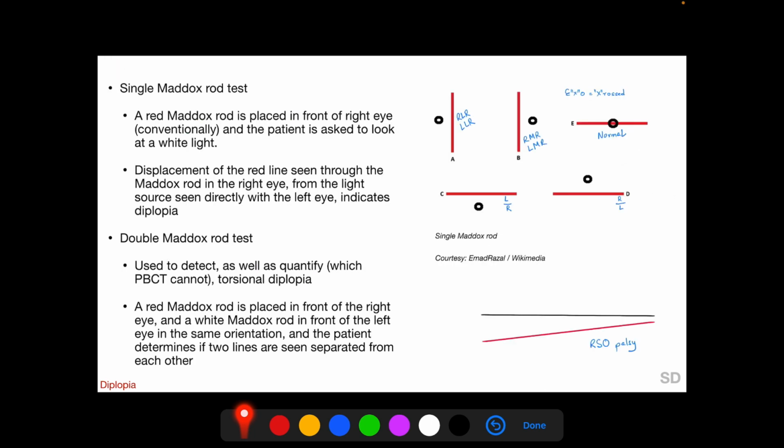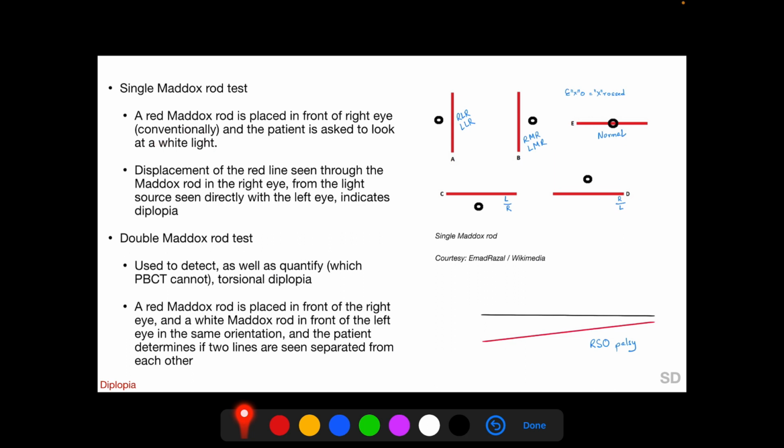The next important test in a patient complaining of diplopia involves the use of a Maddox rod, and we can do a single Maddox rod test and a double Maddox rod test. In a single Maddox rod test, a red Maddox rod is placed in front of the right eye by convention, and the patient is asked to look at a white light source.